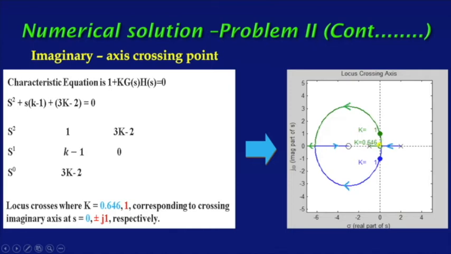Then k is equal to 0. When k is 0 to 1, then system is unstable. When k equal to 0, then the system is marginally stable. When k greater than 1, then system is stable.